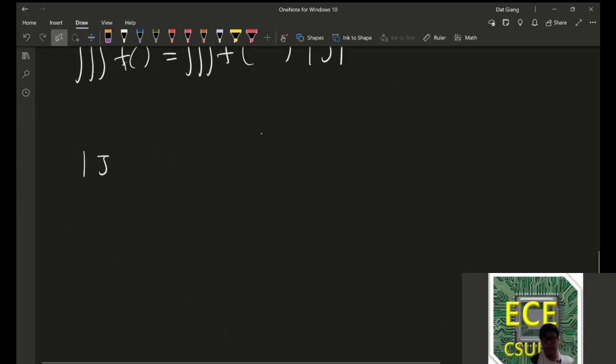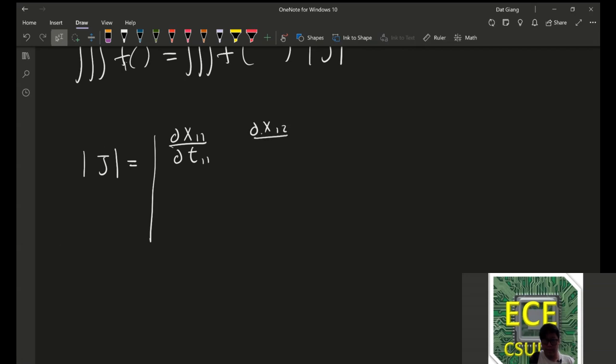So lastly, just in general, the entire formula, if we're expressing it in general, x11, x12, x13, so on and so forth.